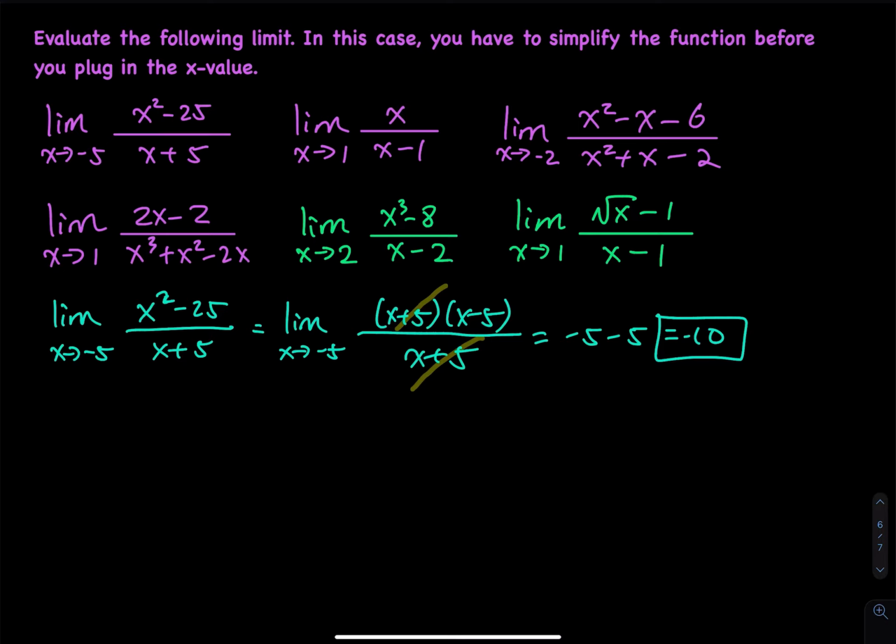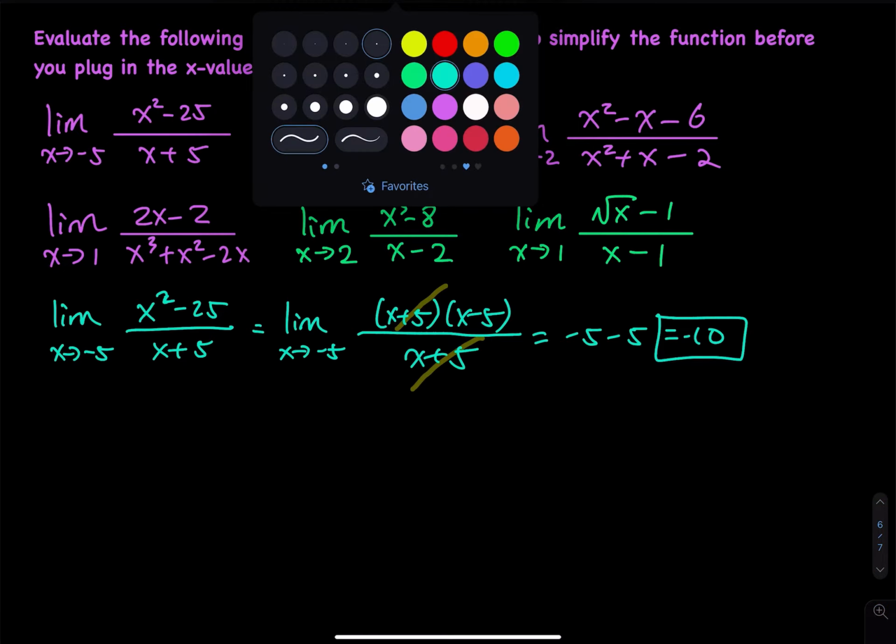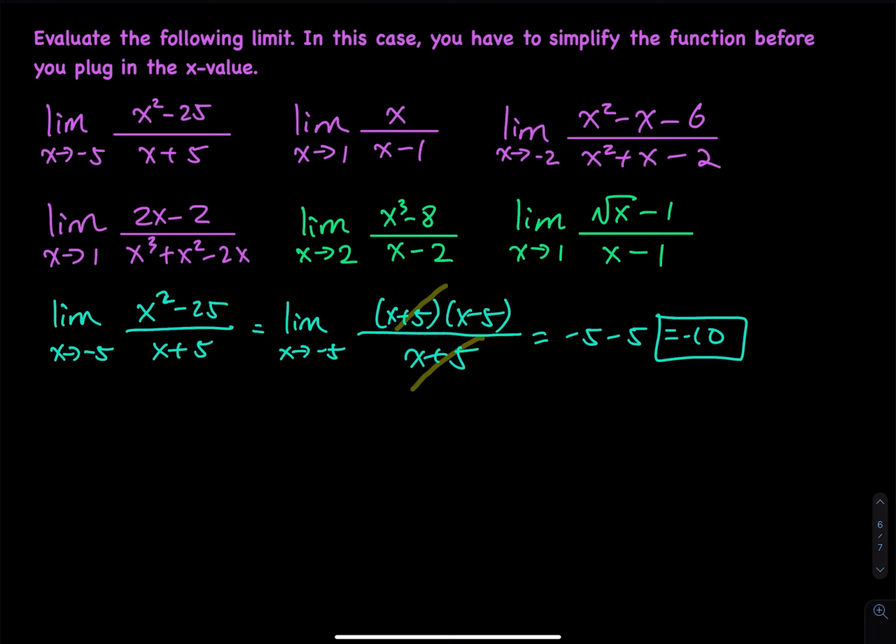How about the next problem? Can the function always be simplified? Let's find out. Limit as x approaches 1 of x divided by x minus 1. Can this rational function be simplified? This is impossible to simplify, right?